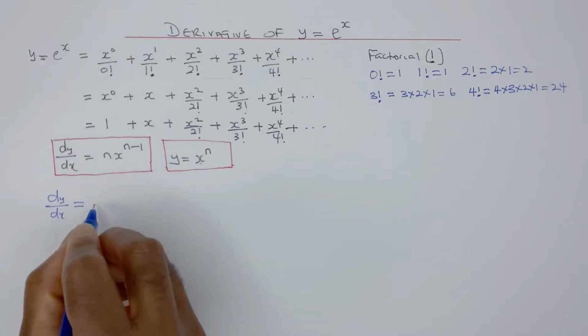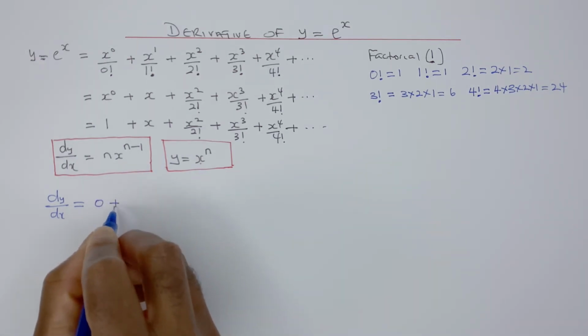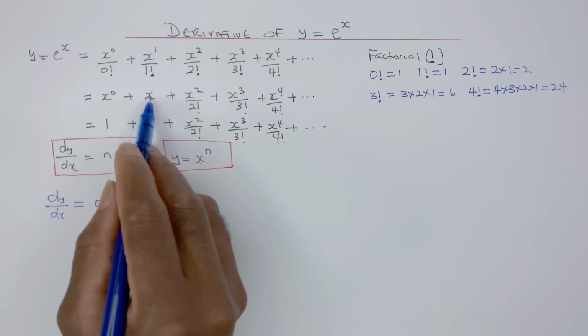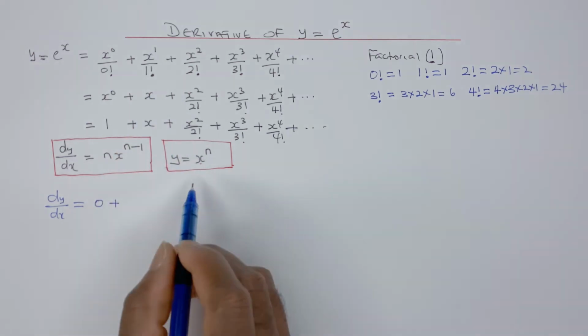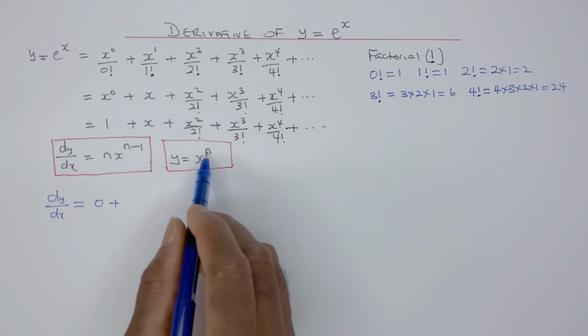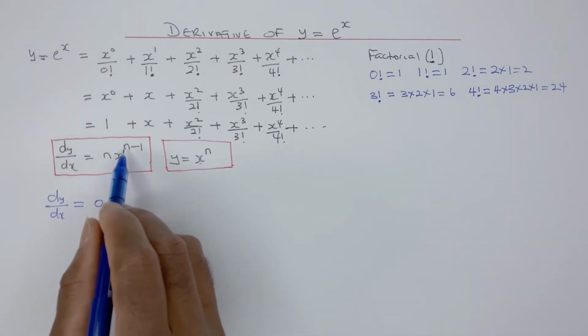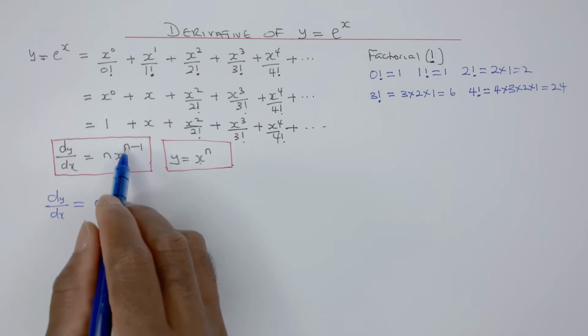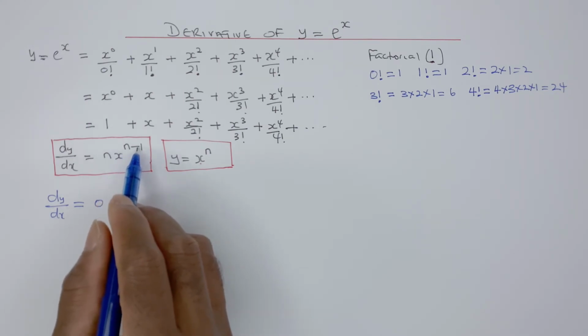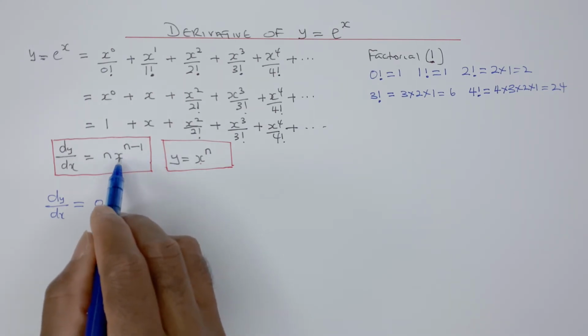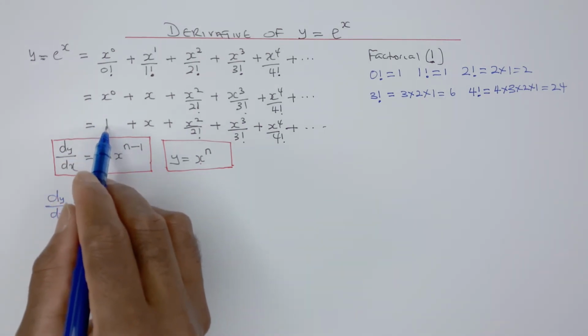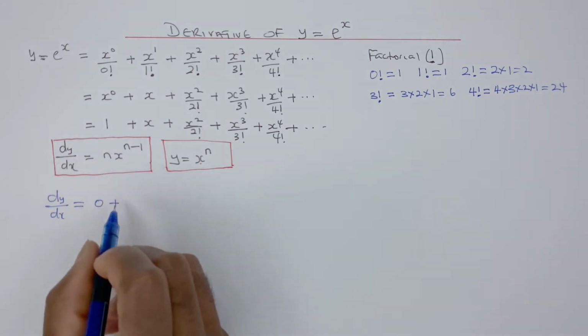So that one is 0. The second one here is x to the power of 1. So that's 1 there. So 1 times x to the power of 1 minus 1. Well, 1 minus 1 is 0. So x to the power of 0 is 1. 1 times 1 is 1.